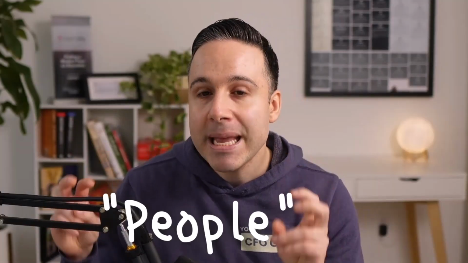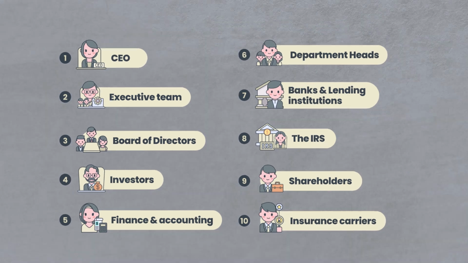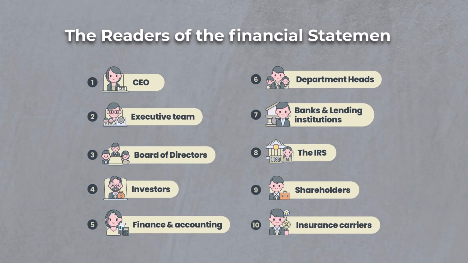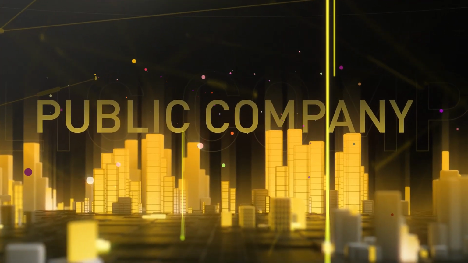And those people we mentioned earlier who will read your financial statements are called the readers of the financial statements. For public companies, they can literally be anyone since the information is public. But for private companies, that may only be a select group of people, such as the CEO or management. It could be investors or lenders.